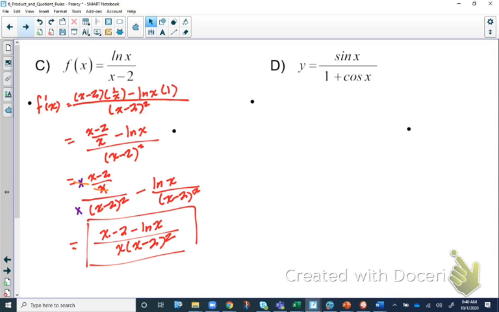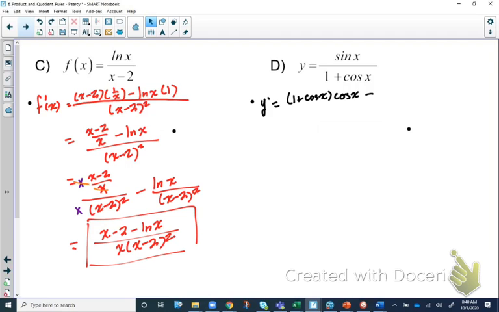Here, the next example, D, where we're using our trig stuff, same idea: low D high minus high D low. So here, y prime will be equal to 1 plus cosine of x, and the derivative of sine is going to be another cosine of x.